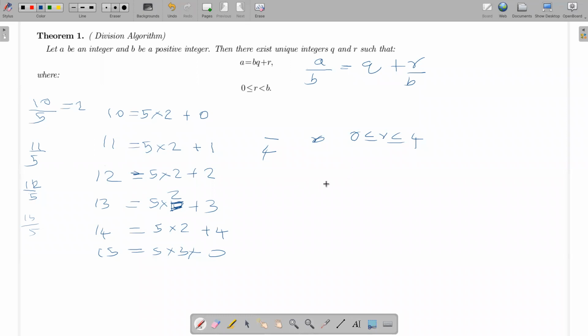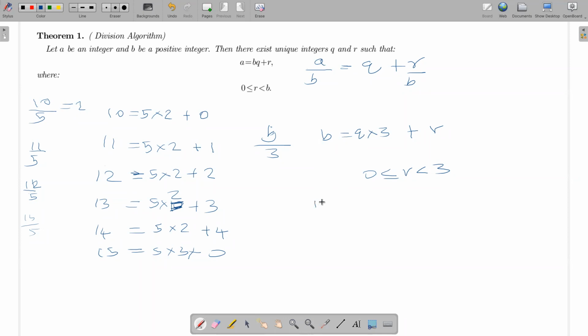For example, if I divide some number b by 3, I can write b equals quotient q times 3 plus some remainder r. The remainder is less than 3 in this case, so it will go up to 2 and give me the answer.